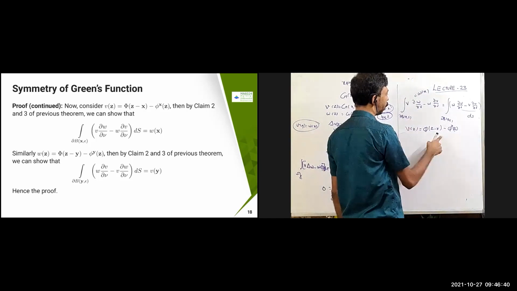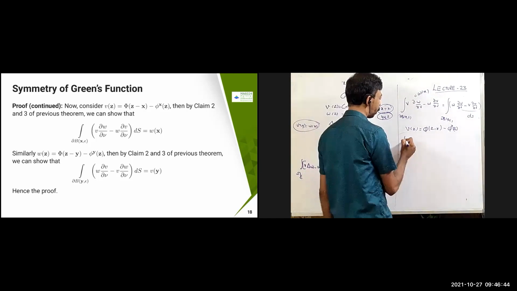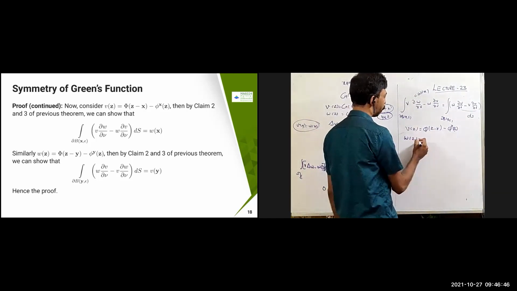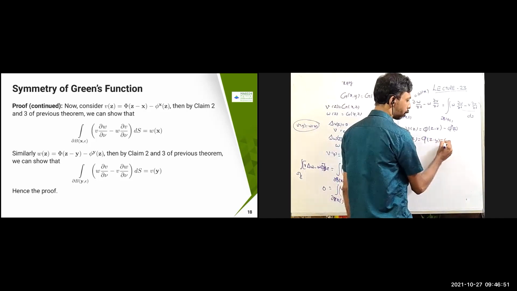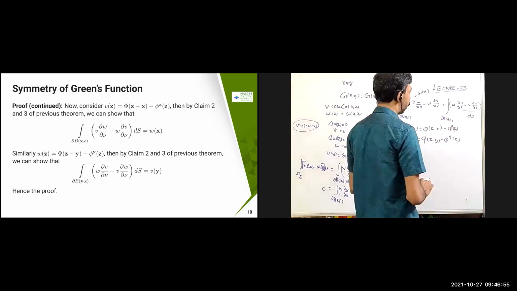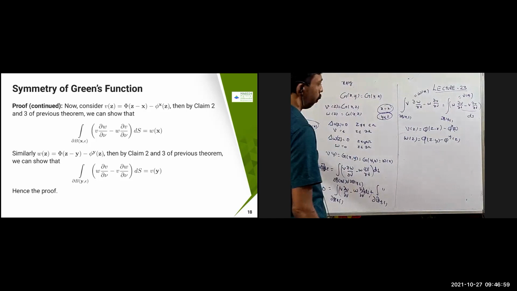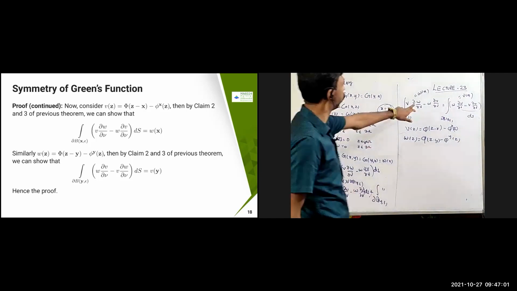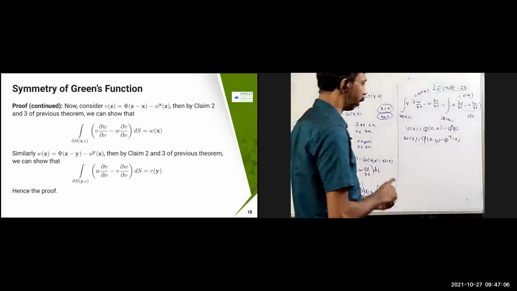Similarly, if I consider W(z), again applying the Green's function definition, that is Φ(z − y) minus φ^y(z), this side is going to become V(y). What I need to prove is V(y) equal to W(x). So done. W(x) equal to V(y). That's all. Okay, so the proof is done.